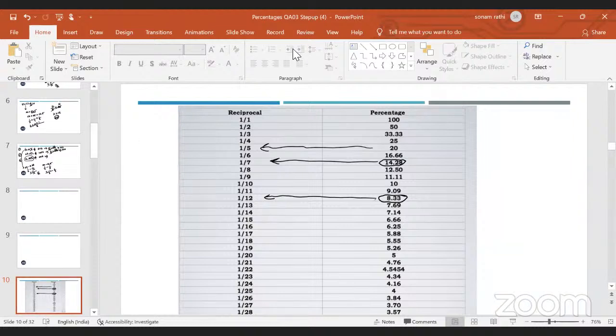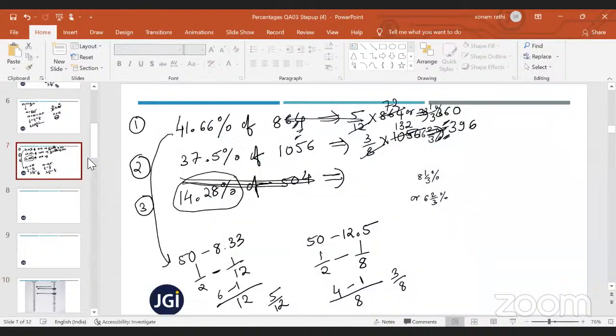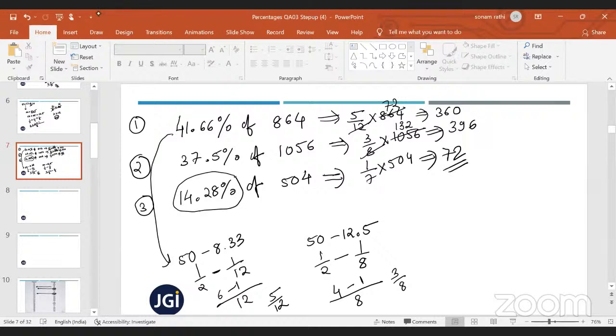So 1 by 7 of 504. I think it is 72. 72, correct? Okay.